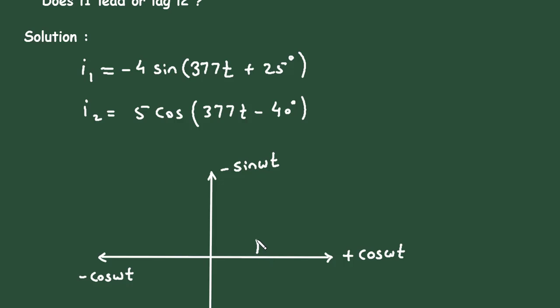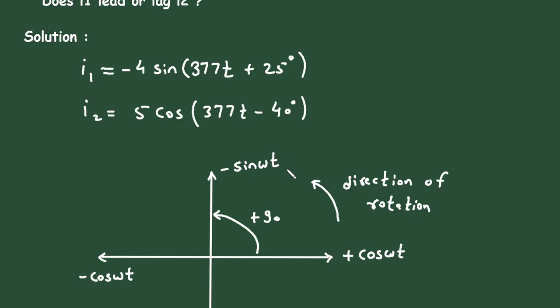So if we move from here to here, then we have to add 90 degree, because the angle between this minus sin omega t and this plus cos omega t is 90 degree, and the direction of rotation is counterclockwise.